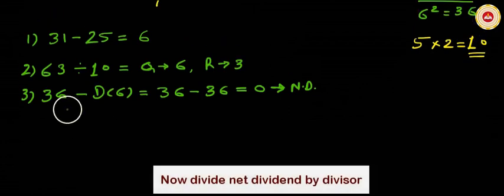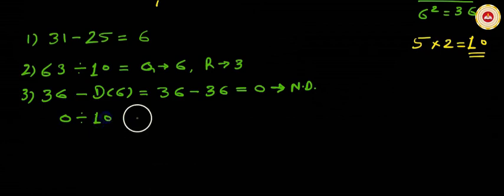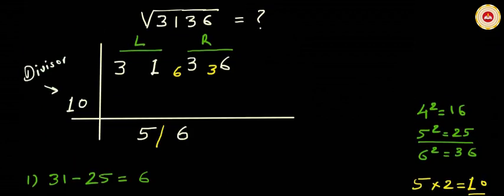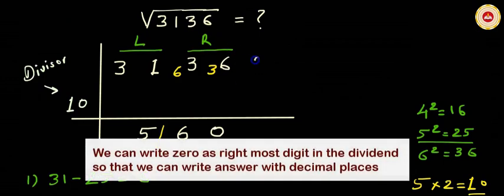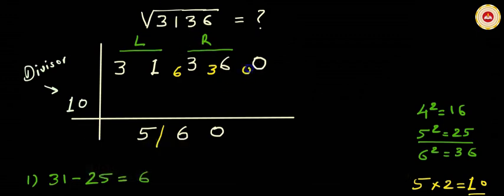And now divide 0 by divisor 10, which gives you quotient 0 and remainder 0. So write 0 in the quotient area, and where to write remainder 0? For that you have to increase a 0 here at the right side and write remainder 0.